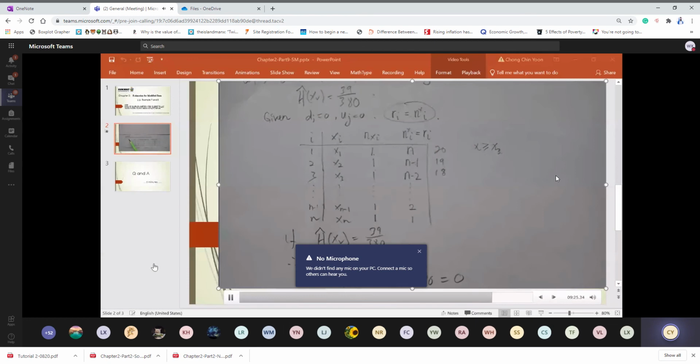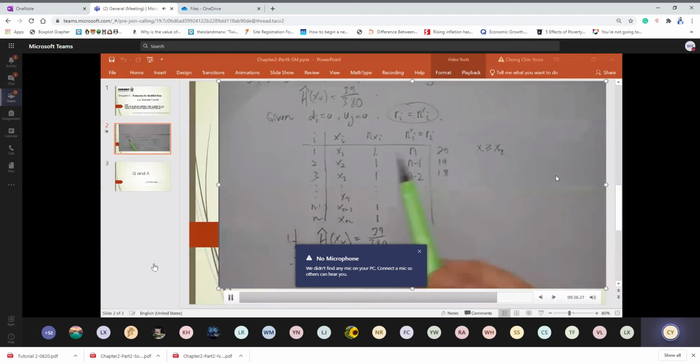But where is our x9? So our x9 is somewhere around here. You can see that this total is always 21. 20 plus 1 is 21, 19 plus 2 is 21, 18 plus 3 is 21. So this 9 will give you 12.